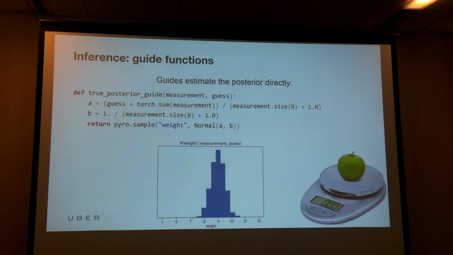We can see that having observed 9.5, as we did before, if we keep running this guide forward and build a histogram of the return values, then we see again a thin distribution centered around the true weight of the apple.